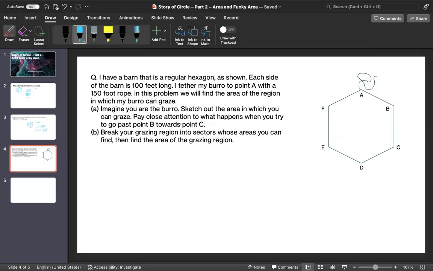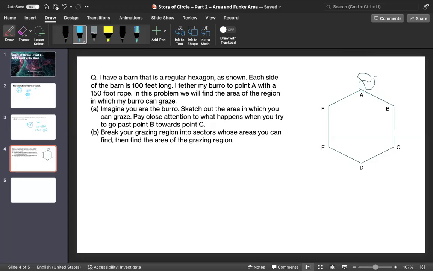Alright, so imagine you are the burrow, sketch out the area in which you can graze. Pay close attention to what happens when you try to go past point B towards point C. So, we're going to draw how far this rope can go.